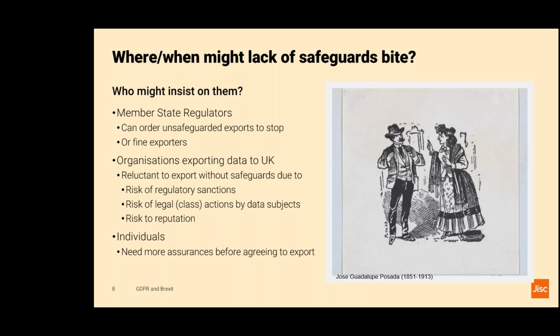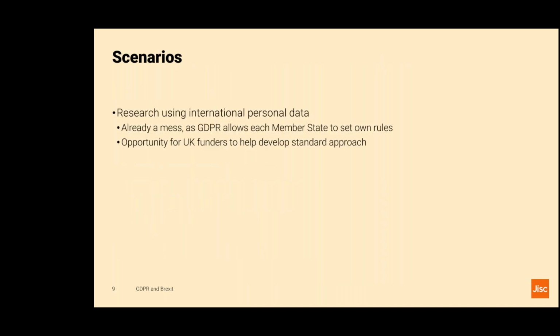We are not happy with our personal data going there. So that may in fact be the quickest, the individuals and the organisations, probably quicker than the regulators. But quite speedy effects could occur to stop or limit the amount of personal data coming to the UK.